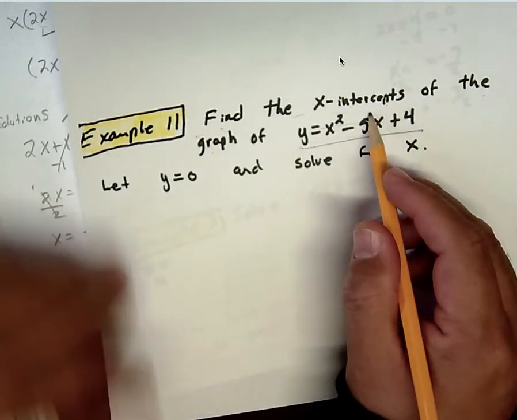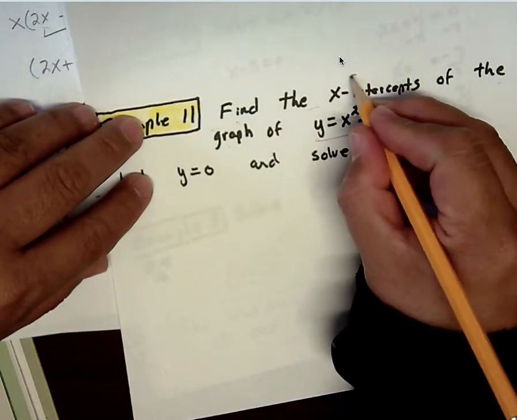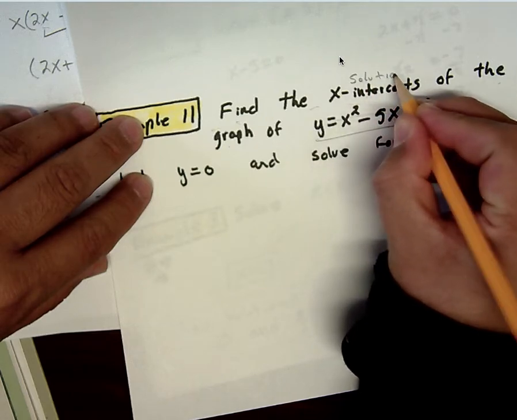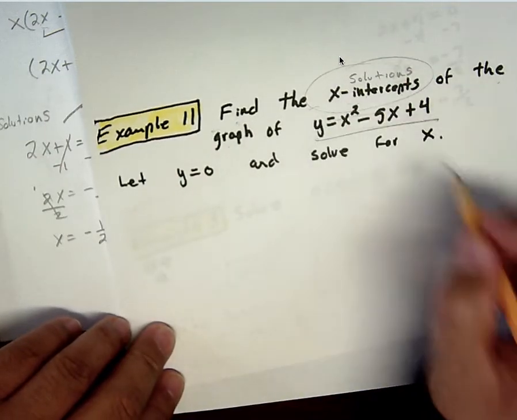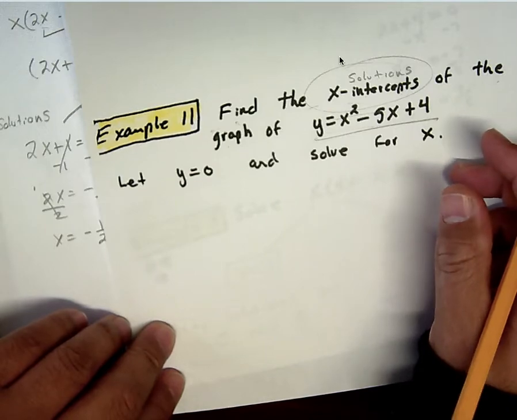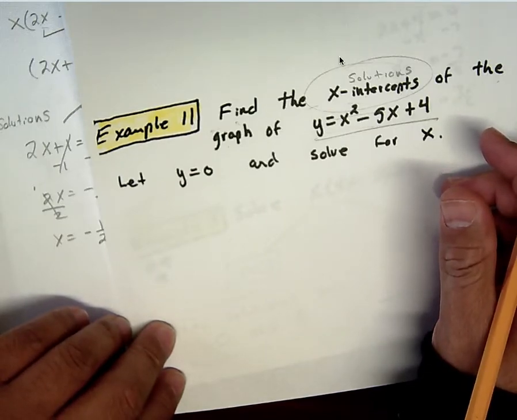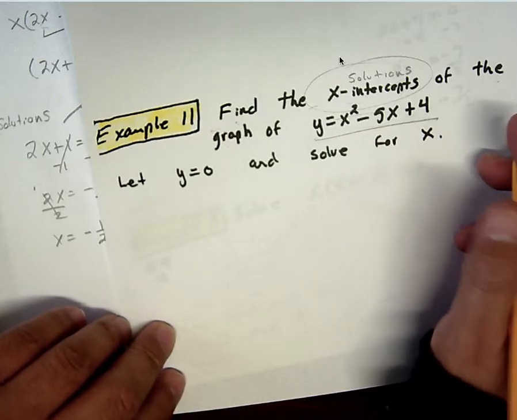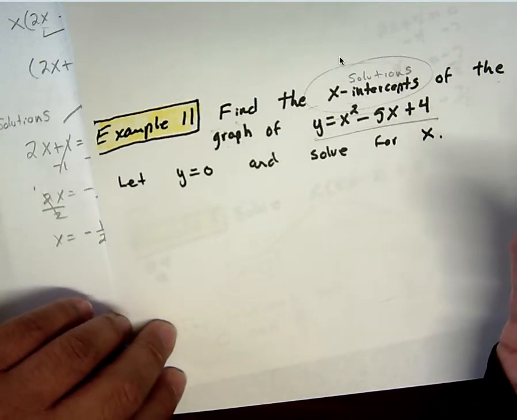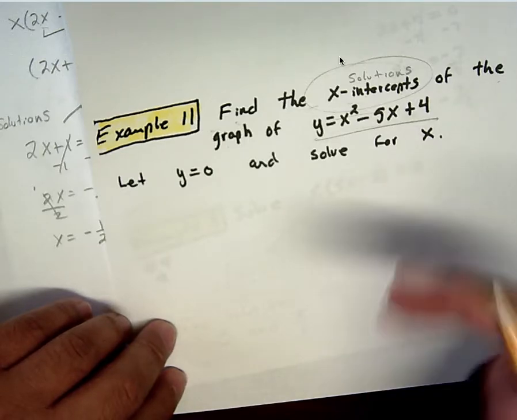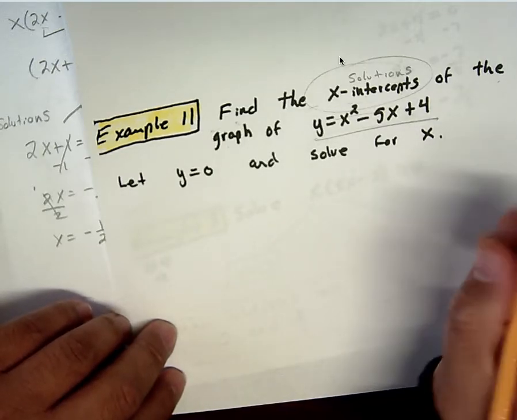The x-intercepts are also the solutions. These two things are the same. And there are other names for it: solutions, x-intercepts, and the zeros. They also say find zeros.